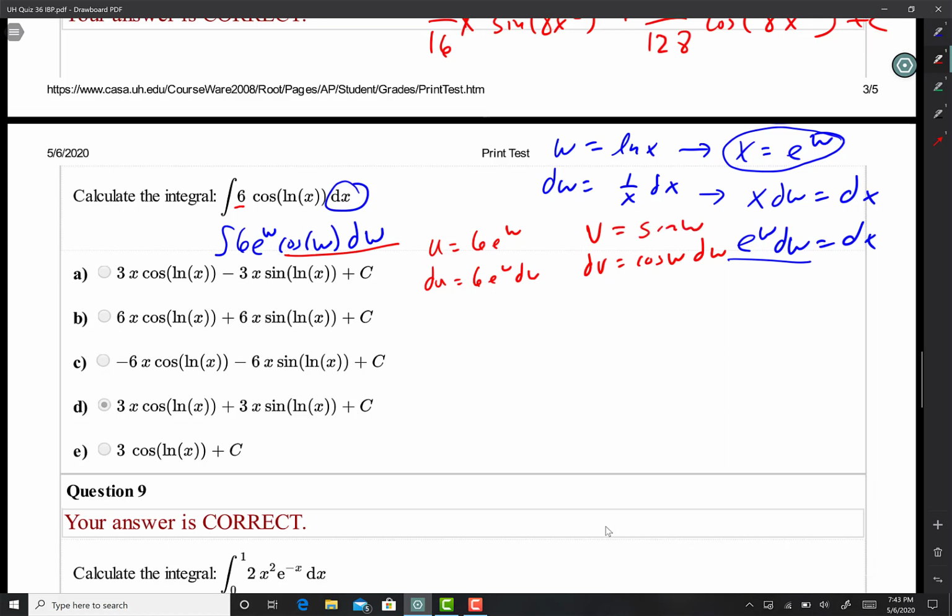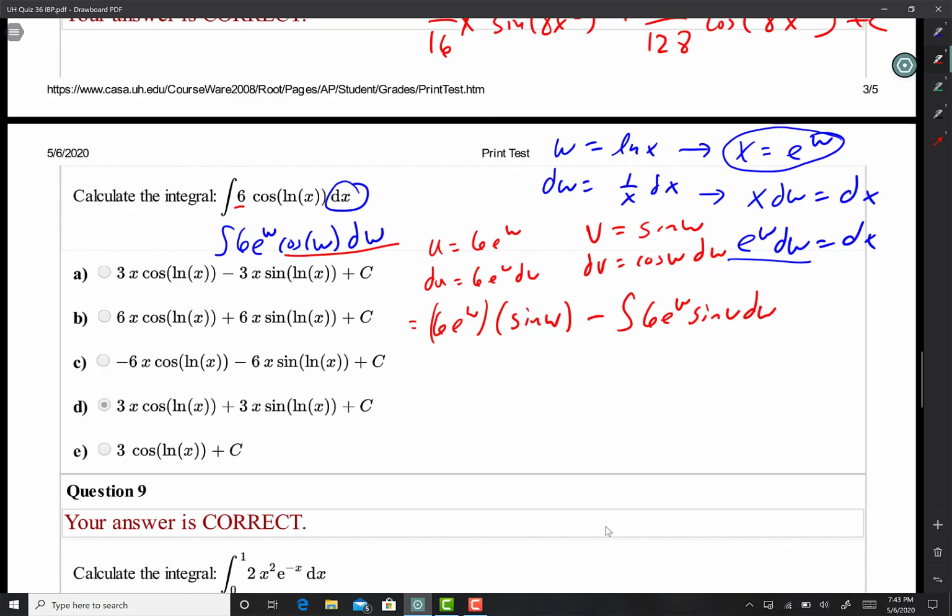All right, let's start with uv. 6e to the w times sine w, that's my uv, minus integral of v du, sine w, 6e to the w. So I'm going to put the 6e to the w first, guys: 6e to the w sine w dw.